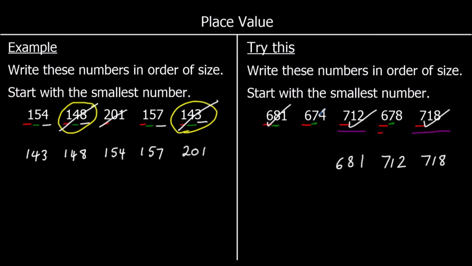And finally, we've got two numbers left. They both had 6 in the hundreds, both had 7 in the tens, and the smallest one is going to be 674 because 4 in the ones is less than 8. So 674 is the smallest, and then 678.